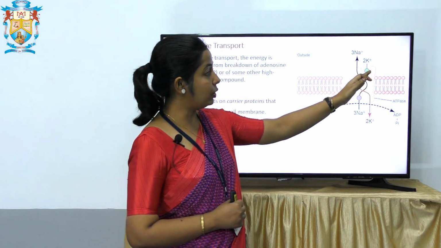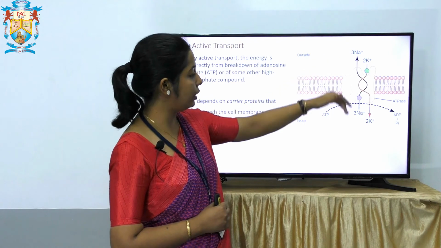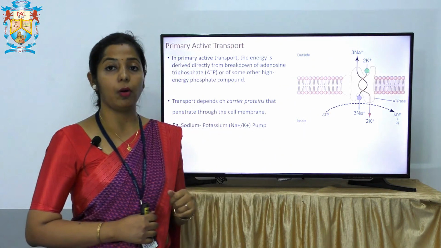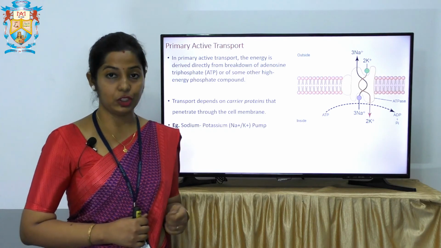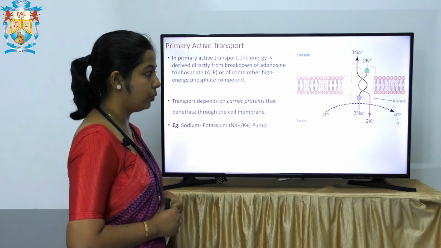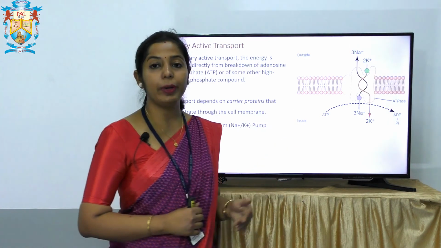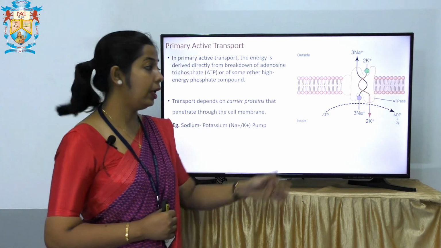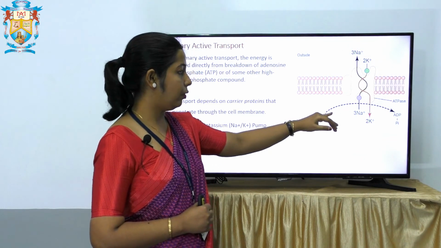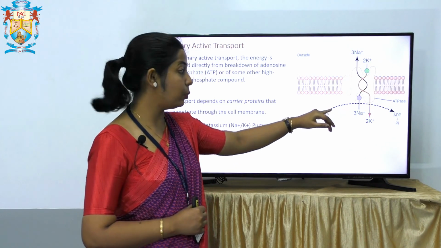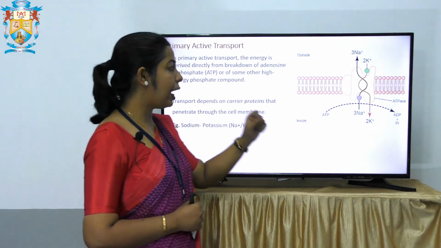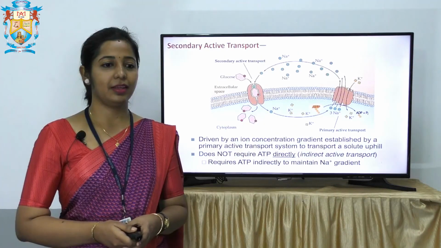In the same way, potassium goes from outside to inside, also against its gradient. This uphill movement of sodium and potassium ions requires ATP molecules. They require energy for this movement, and they derive this energy directly from ATP.